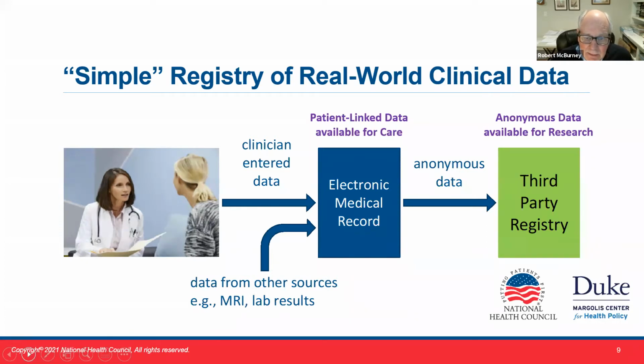And there are 18 elements that have been identified to be removed from the data in order to make it anonymous. And so that's really the picture of a simple registry, which contains anonymous data not linked to anything other than a code which links all of the data from one individual together, but that code doesn't tell you anything about the identity of the individual. The next slide, please.